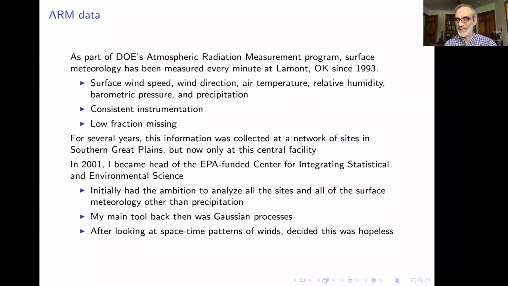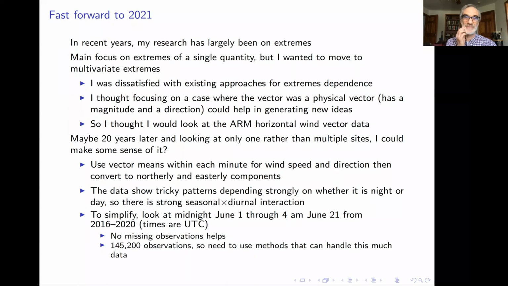And I remember looking at the minute by minute winds at the time and just saying, well, that doesn't look Gaussian at all. So I really didn't feel I knew what to do. I kind of gave up on it, but it's always been in the back of my mind as really interesting data to think about from both the statistical and scientific perspective.